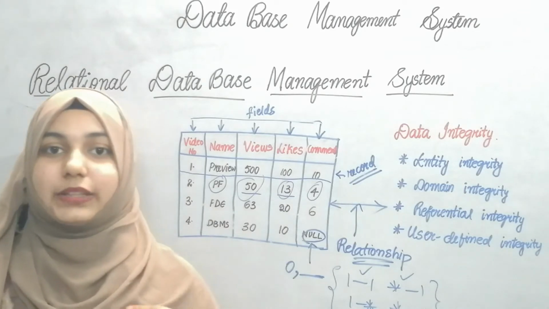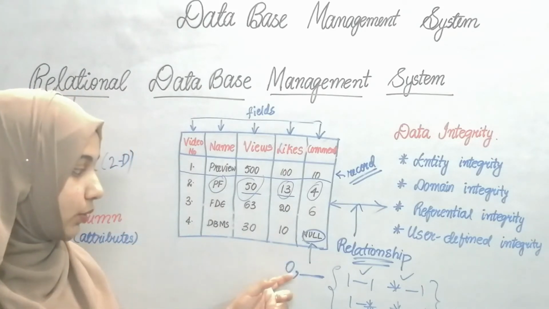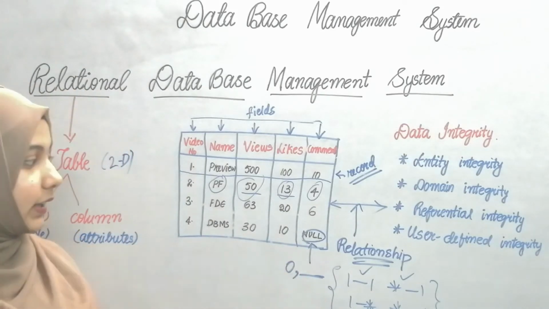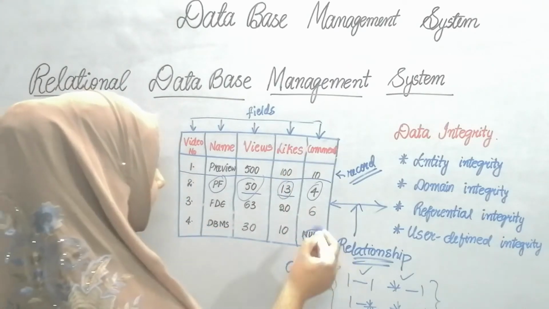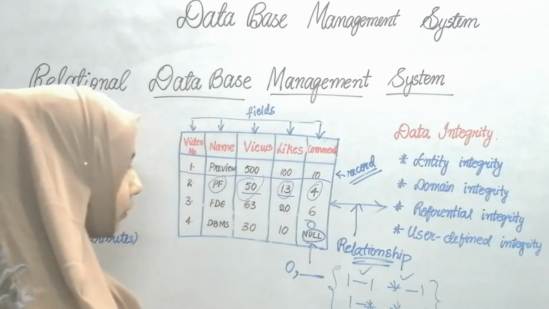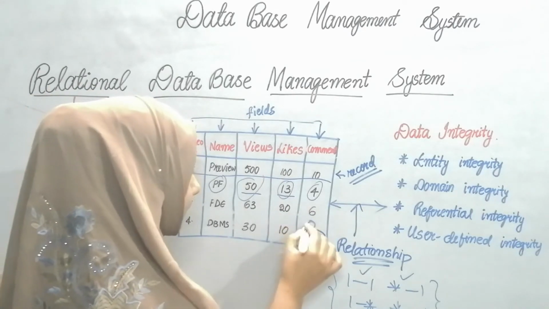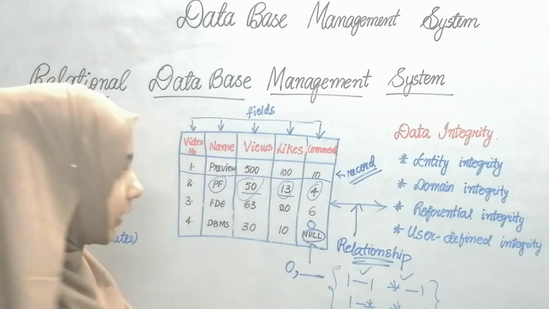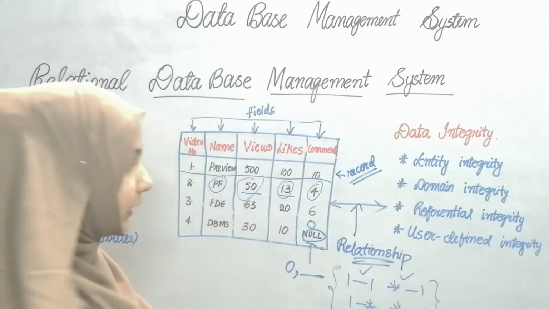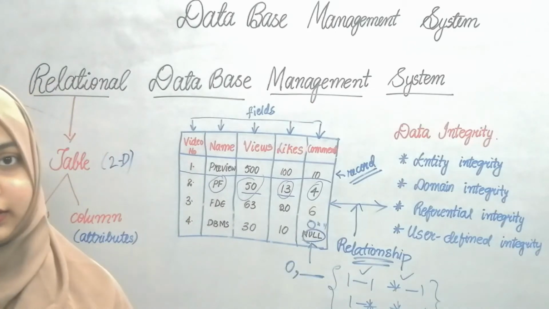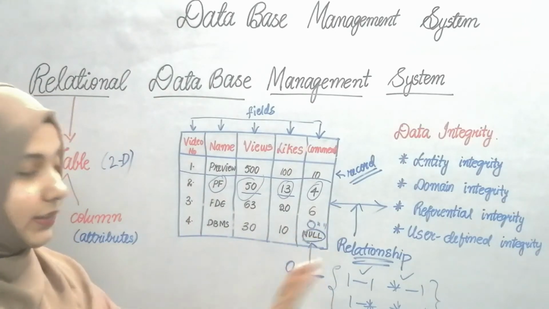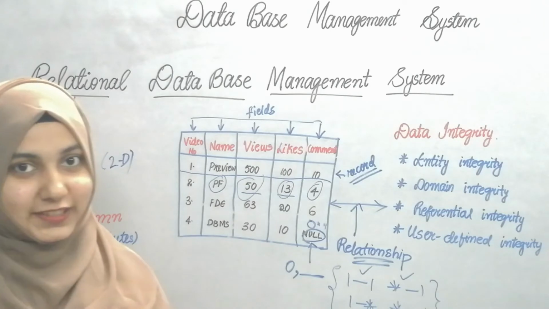Null is different from 0 and from leaving space. Suppose I've got no comments in the RDBMS, so I cannot just simply write 0. I can write 0, but this will indicate something else. If I leave some space here, that will indicate something else. If I write null here, that will indicate something else. These 3 things are different. These are not the same.